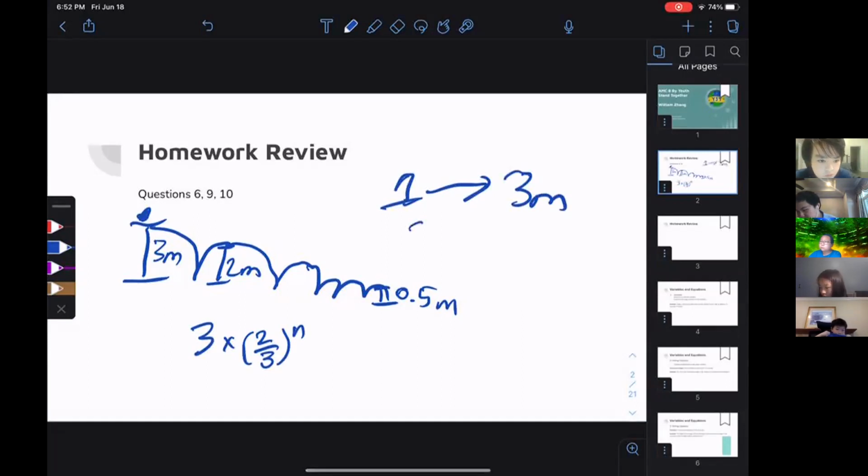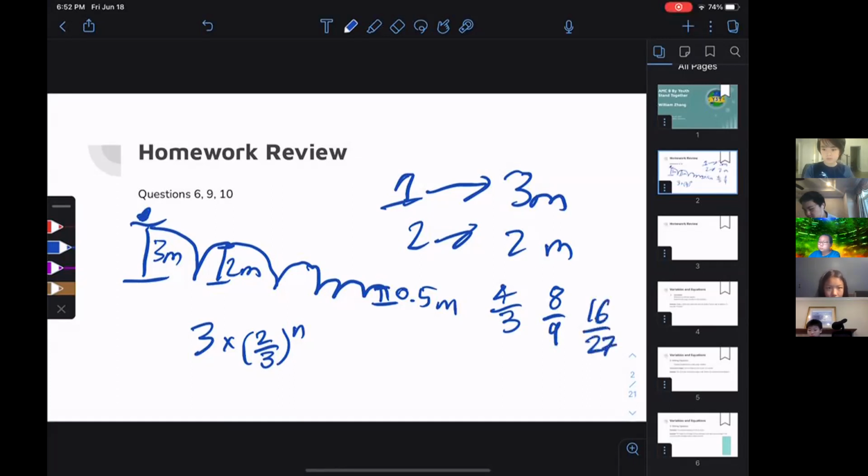And then bounce 2 is 2 meters, and then the next one would be 4/3, and 8/9, I believe, and then 16/27, and it's still bigger than a half at this point. On the next bounce, 32/81, it is no longer above half. And so then I think if you count that, oh no, sorry, this is not the first bounce.